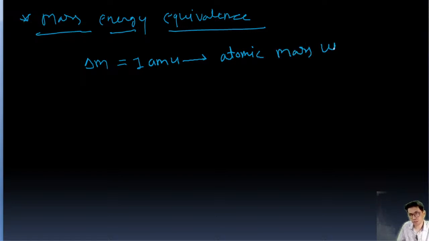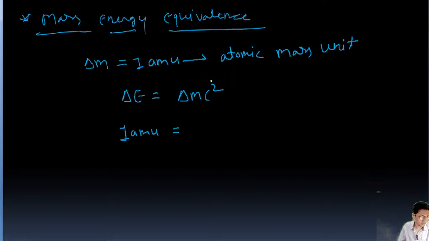Atomic mass unit. If we take delta M equal to 1 AMU, then delta E is delta M C square, right?